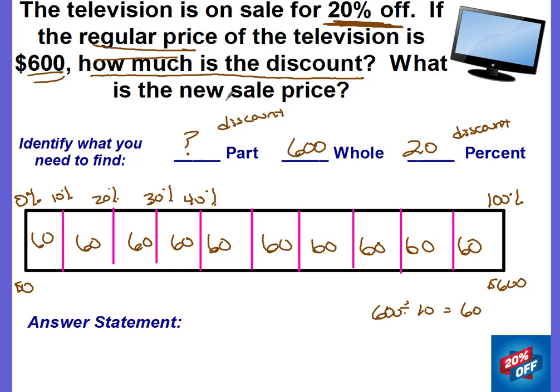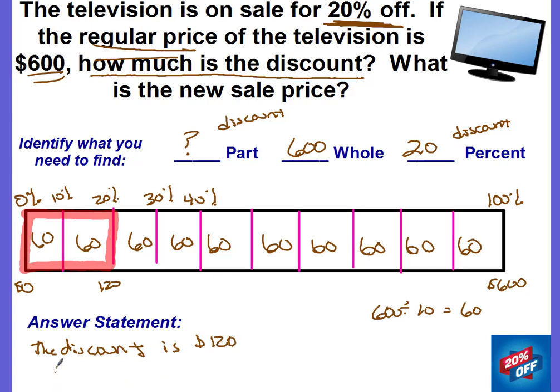Okay, how much is the discount? This represents the 20% discount. So how much money represents the 20% discount? 60 plus 60, which is 120. So the discount is $120.